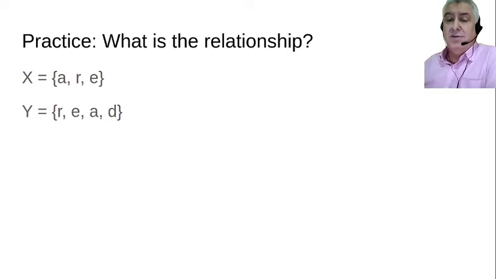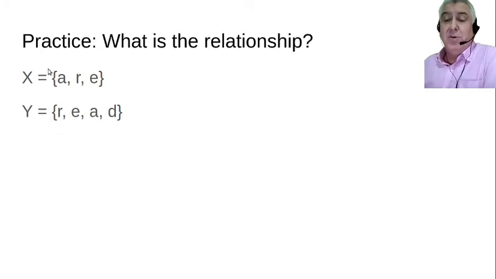So here's our second practice. X is the letters A, R, and E, the letters in the word ear, or era, lots of words. And Y is the letters R, E, A, D, the letters in the word read or dear.